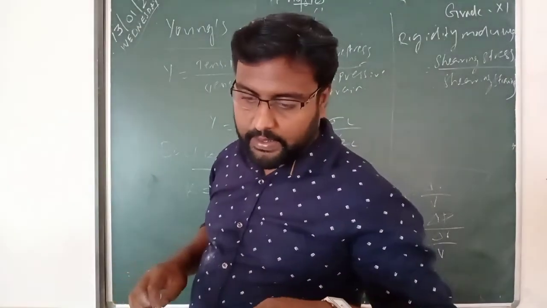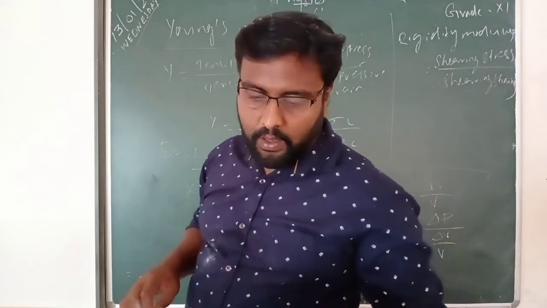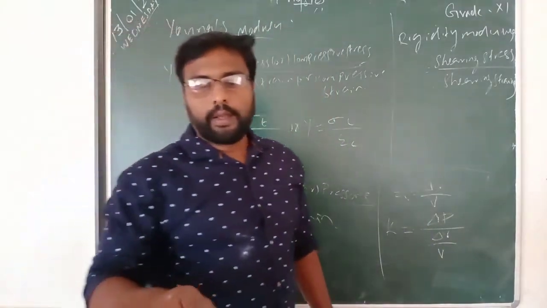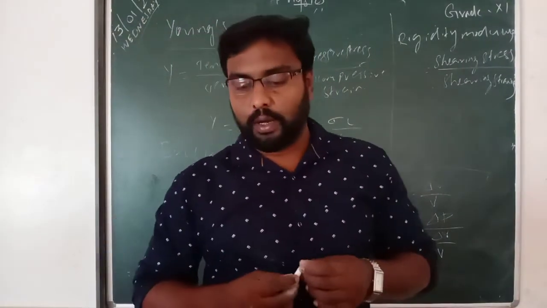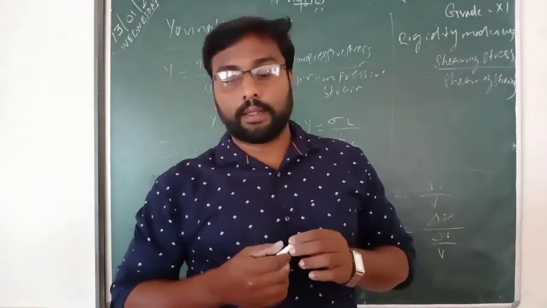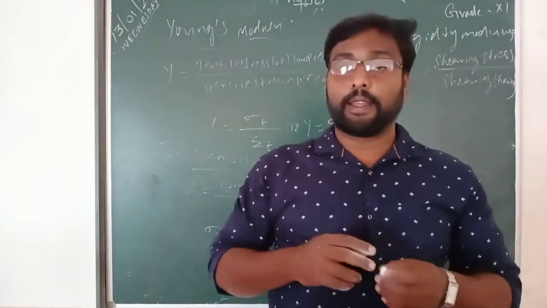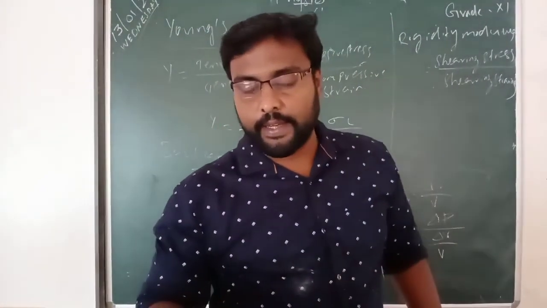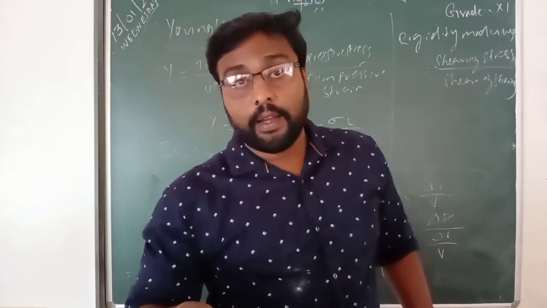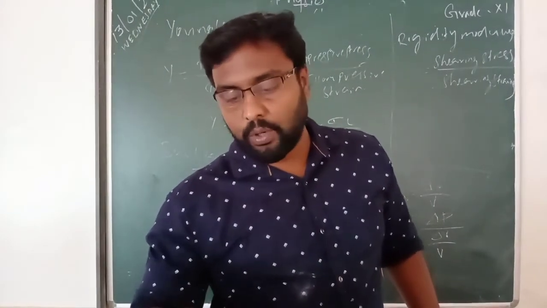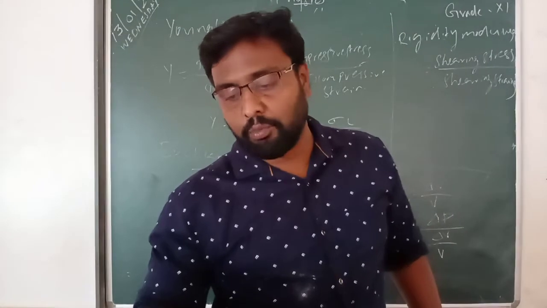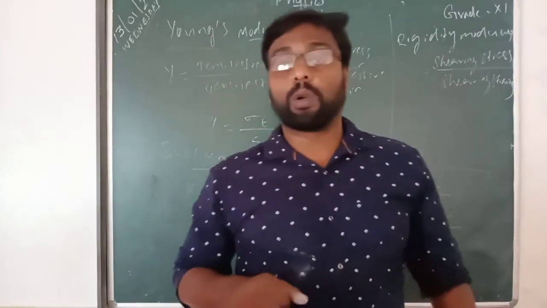You can see it in page number 57 above the table. In the textbook one mistake is there, you can correct it. In the textbook it is given that rigidity modulus is defined as the rigidity modulus or shear modulus.